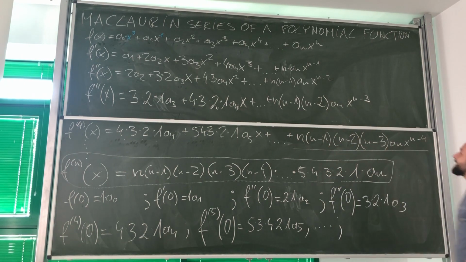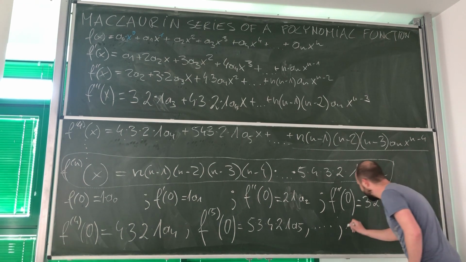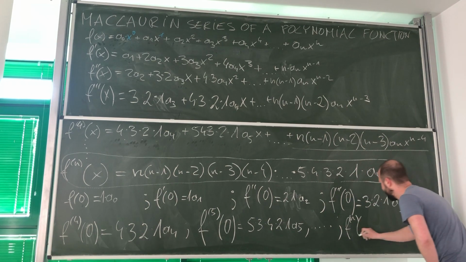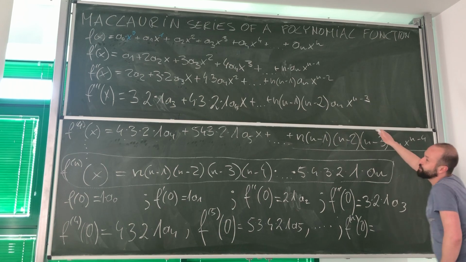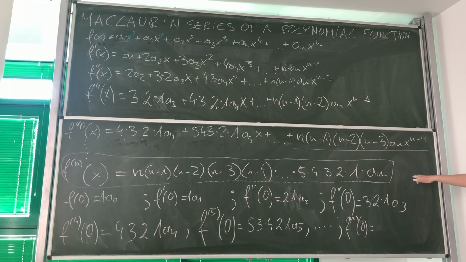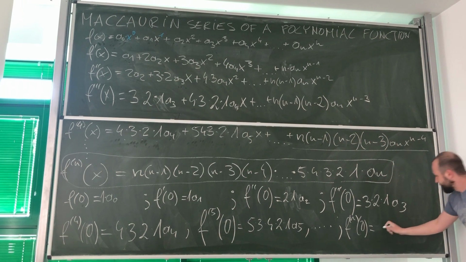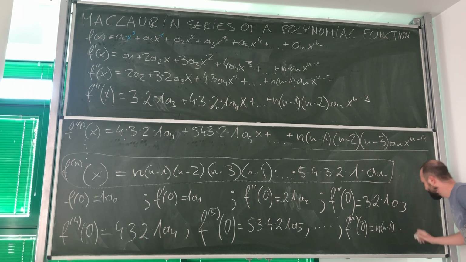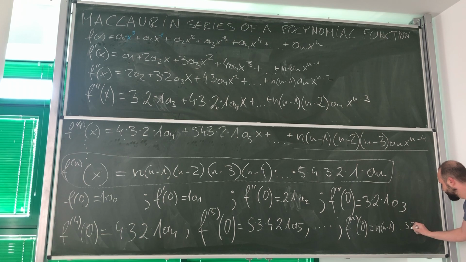Okay, and the last derivative we've got here to evaluate, well, is derivative f n. So nth derivative evaluated at 0. And of course, this is the one that we've got over here. So this is going from n minus 1, and multiplying until 3, 2, 1, a n.